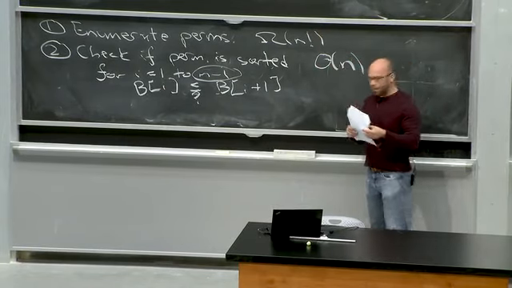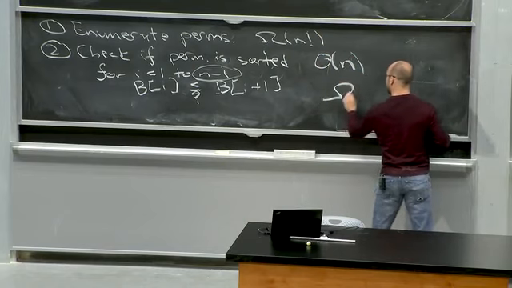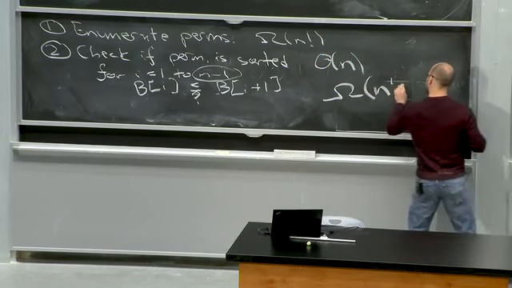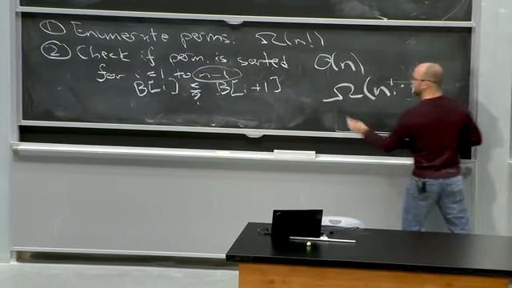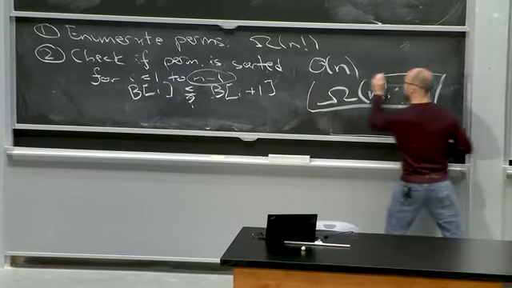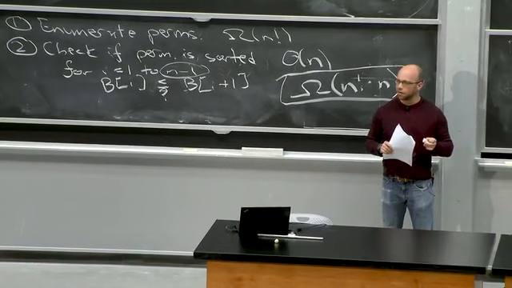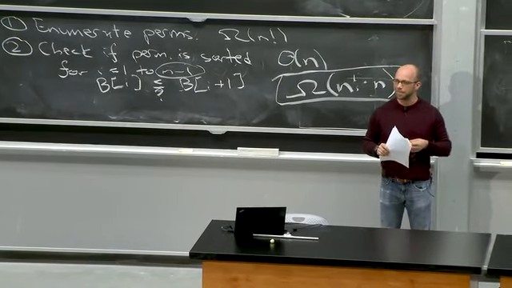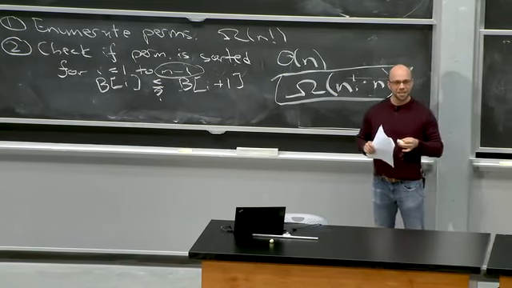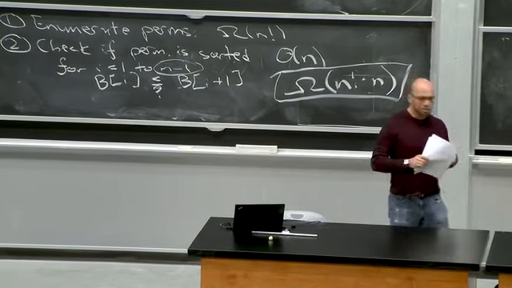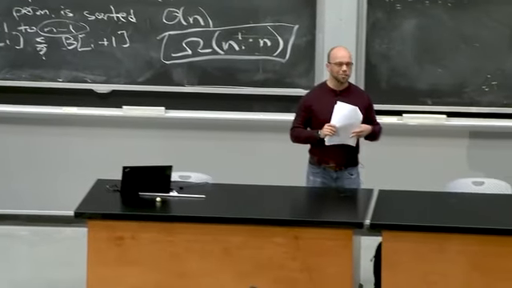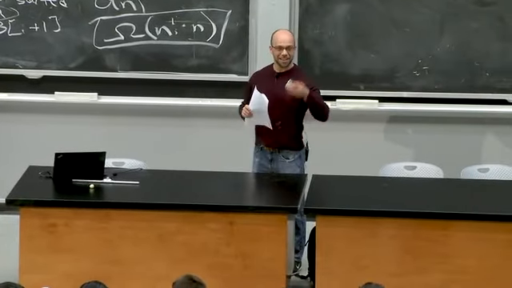So at the end of the day, our algorithm takes at least n factorial times n time. It's a great example of something that's even worse than n factorial, which somehow in my head is the worst possible algorithm. So do you think that Python implements permutation sort? I certainly hope not.